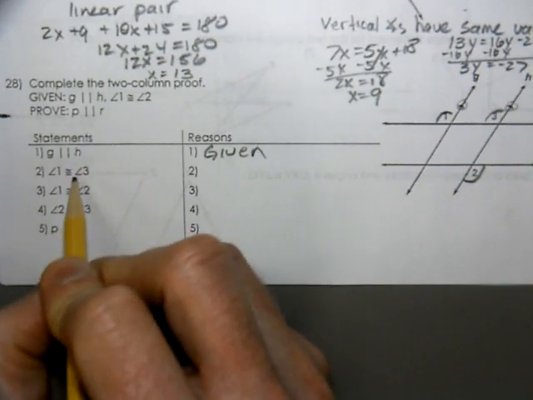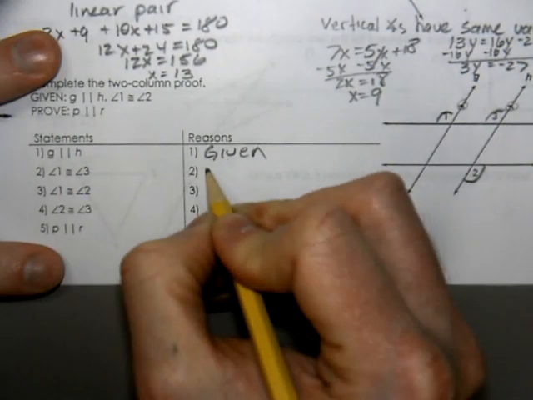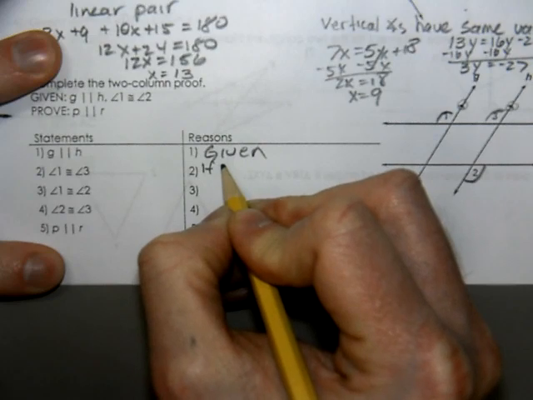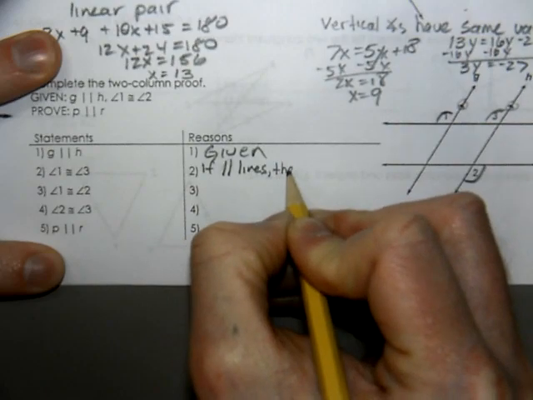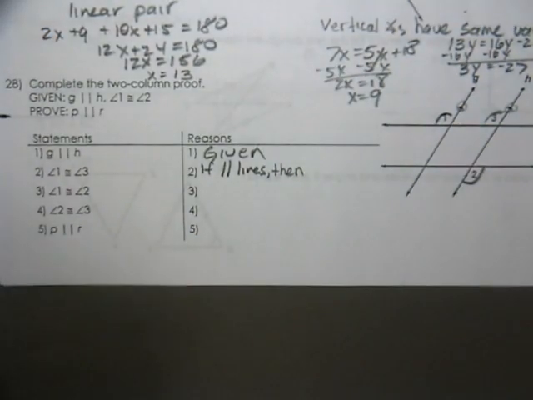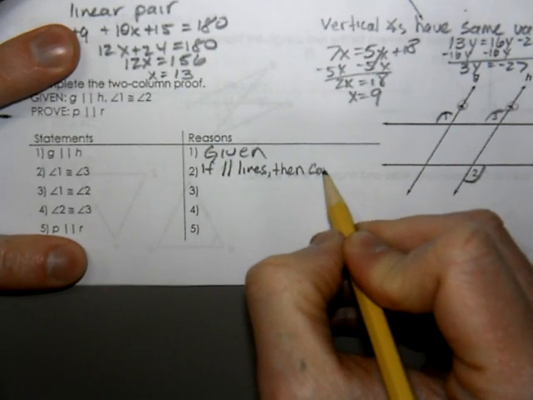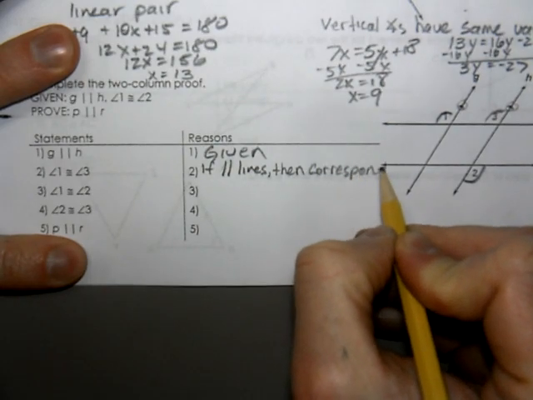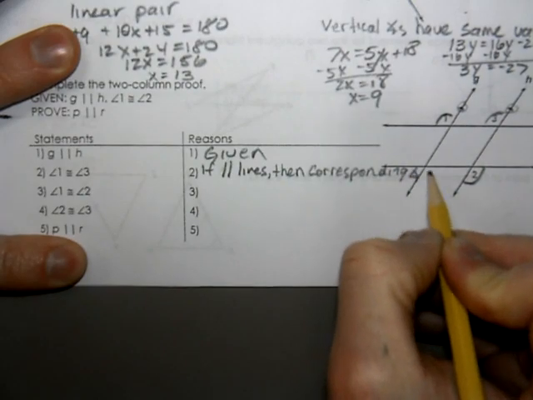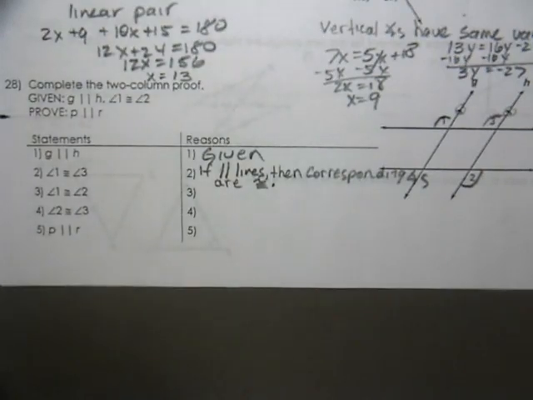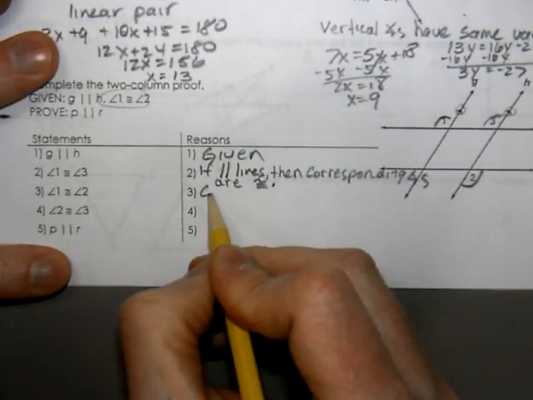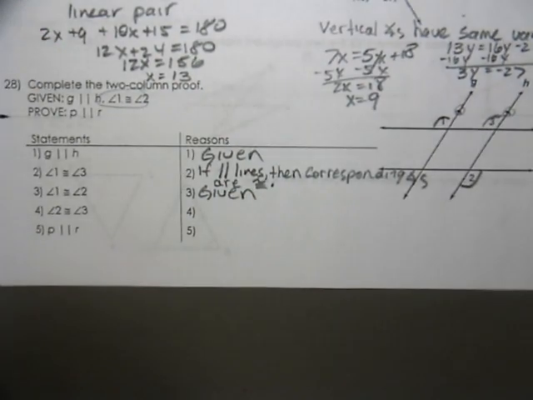So we'll start out with our given. We know that 1 is congruent to 3 because if parallel lines, then what type of angles are 1 and 3? Then corresponding angles are congruent. 1 and 2 were all up here part of the given. 2 and 3 are congruent.